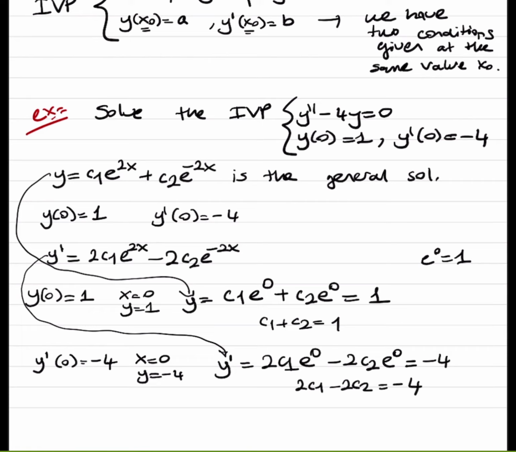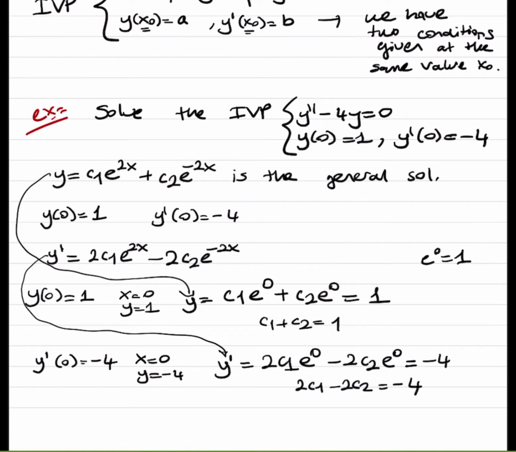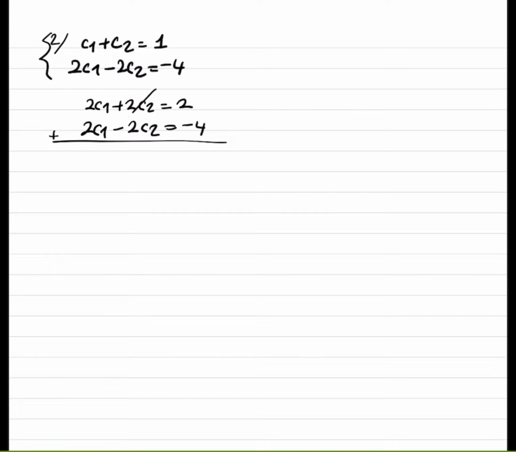So we will solve using c1 plus c2 is equal to 1 and 2c1 minus 2c2 is equal to minus 4. So we can find c1 and c2, right? Multiply the first one by 2: 2c1 plus 2c2 is equal to 2. Okay, we add these, so we have 4c1 is equal to minus 2. c1 is equal to minus 2 over 4, minus 1 over 2.